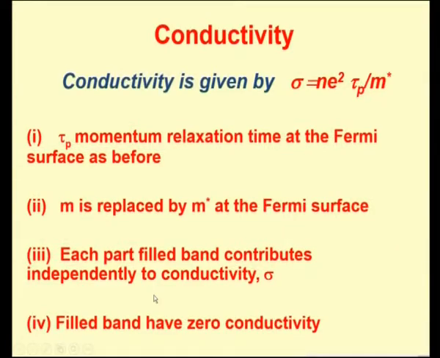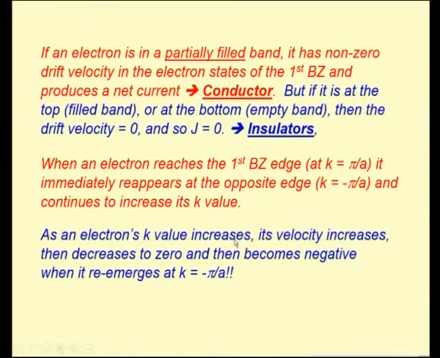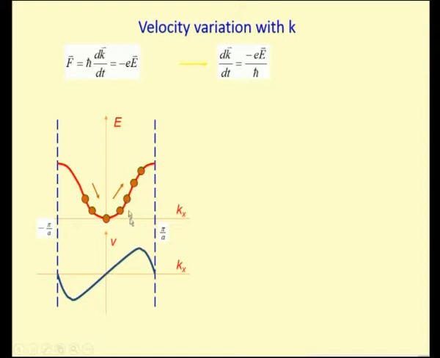Based on that we can categorize materials into various types like insulators and conductors. As I said, the point at which the velocity is maximum is somewhere around the middle of the band where the slope is maximum, and for all such materials where the electrons are filling up to this portion or around this region, the velocity is maximum, and therefore the conductivity will be maximum.